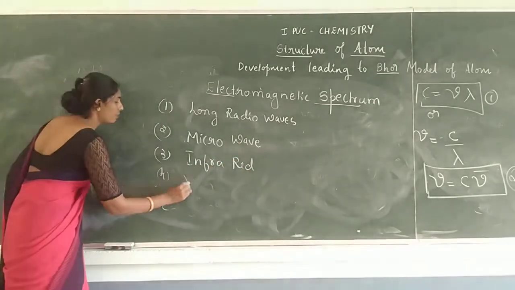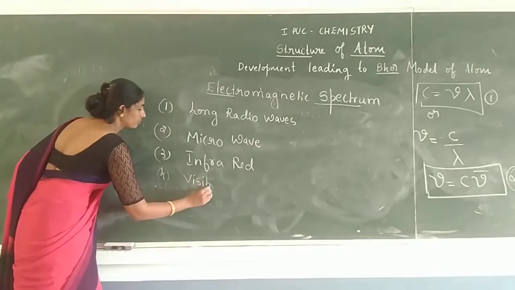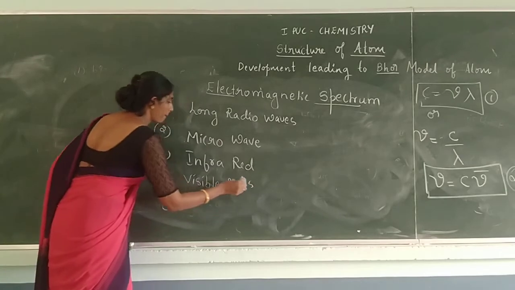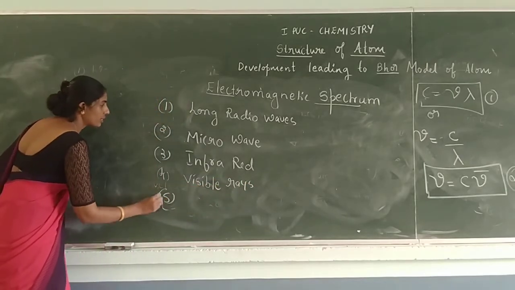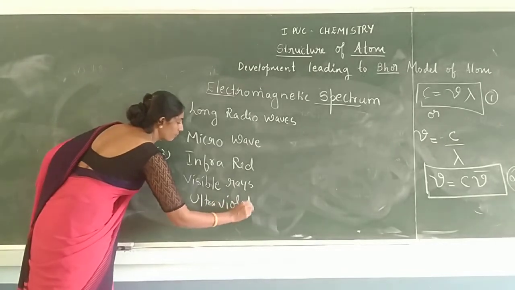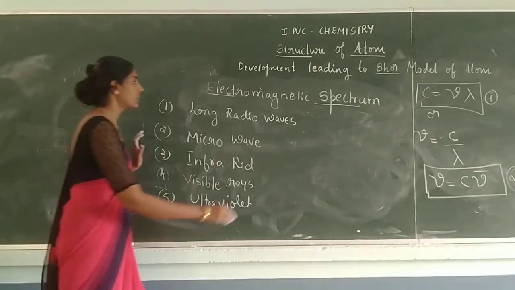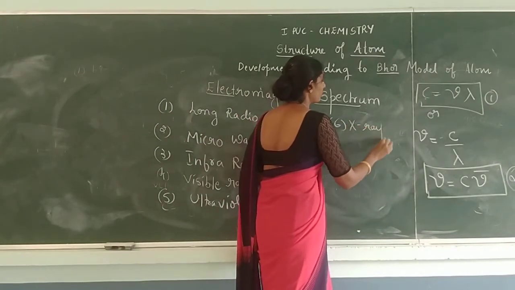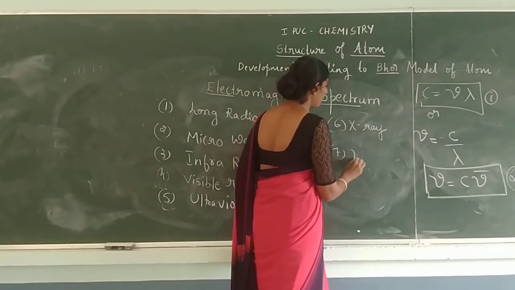Fourth one is visible rays. Fifth one is the UV rays or ultraviolet. And sixth one is X-ray. Seventh one is gamma.